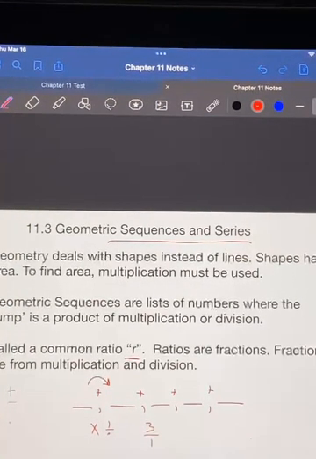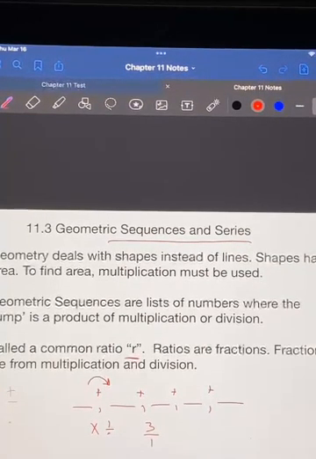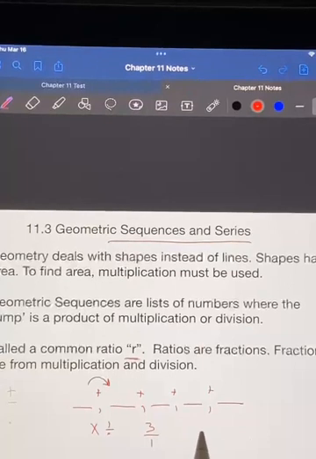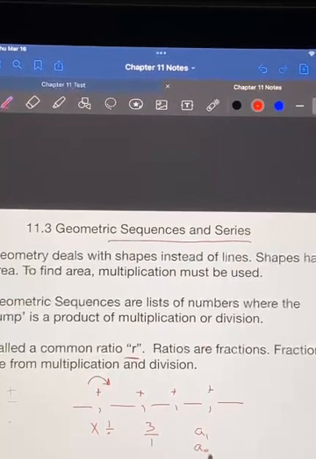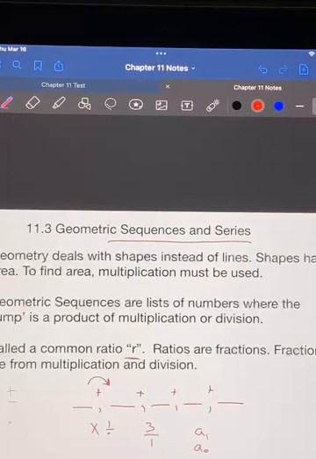And so as we move through, if you are on any sort of standardized test, you may see that you have a first term, which we typically call A sub 1, but often you will see A sub 0 as your first term. Basically, it's labeling our first one.